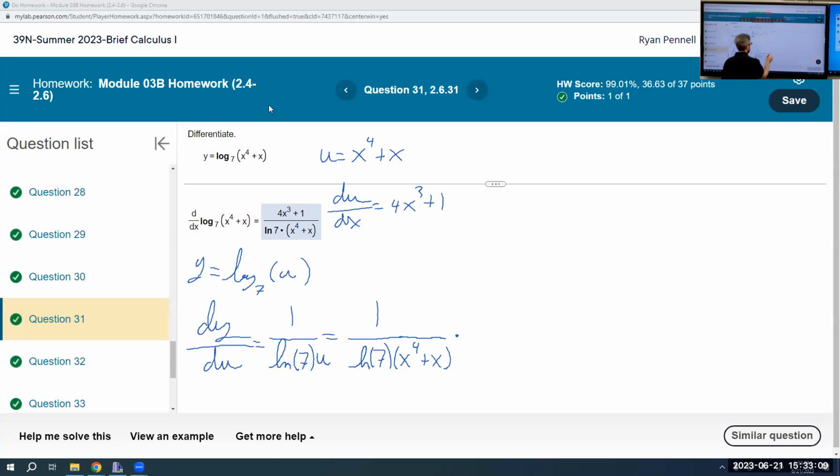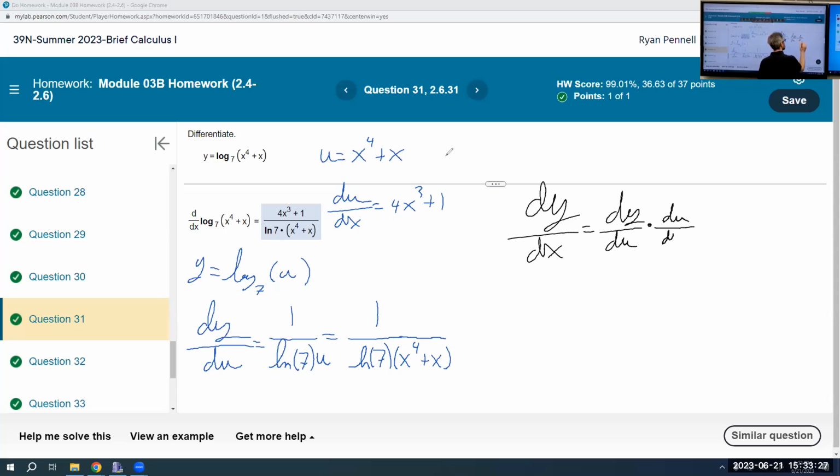Multiply it by du/dx. So dy/dx equals dy/du times du/dx, which is 1 over the natural log of 7 times x to the 4th plus x, times 4x cubed plus 1.